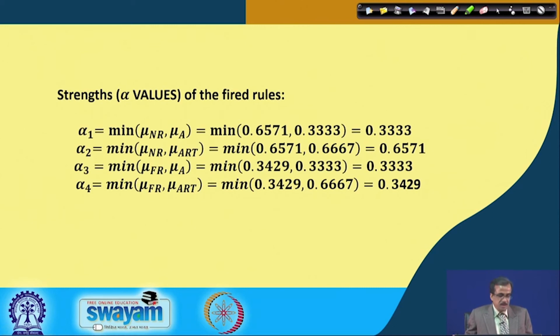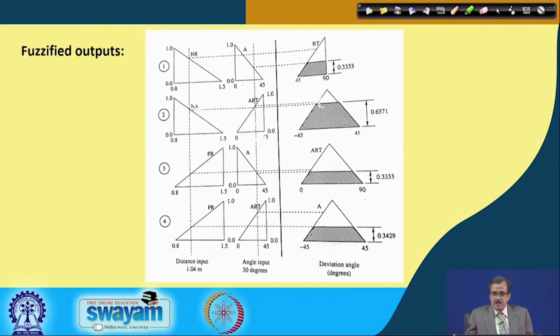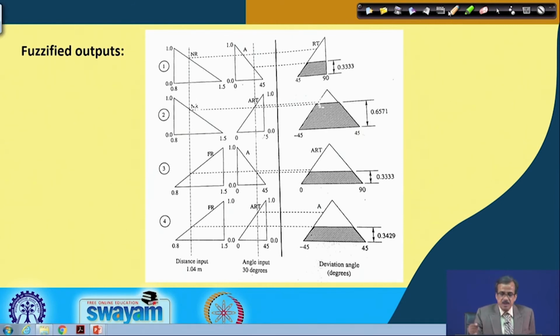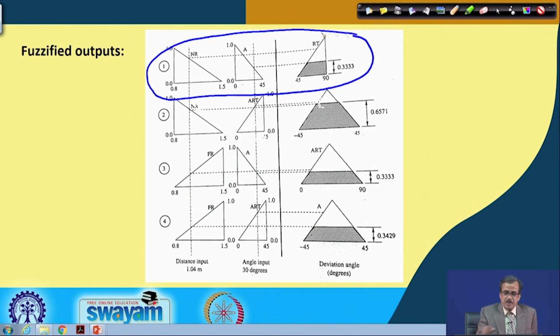And once you have got the firing strength, now we are in a position to determine what should be the fuzzy-fired output corresponding to each of the fired rules. Now, here the first fired rule is represented by this. If distance is near and angle is ahead, then the deviation is right.